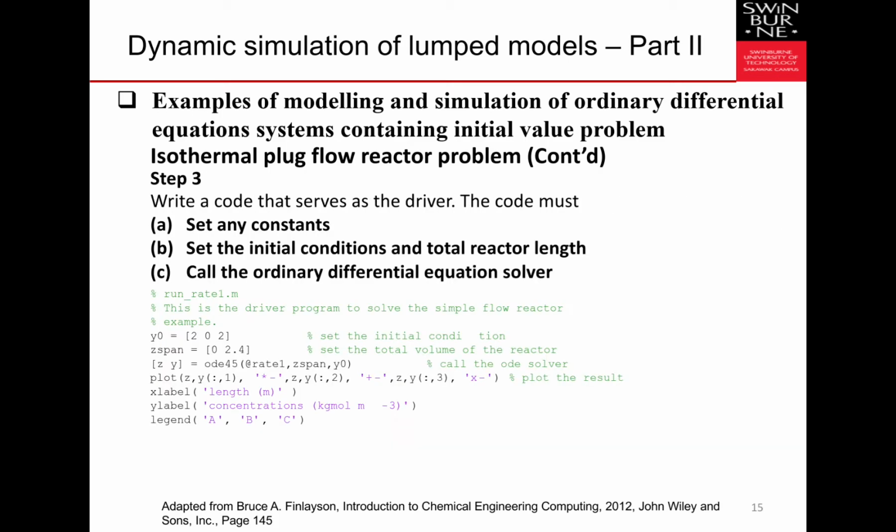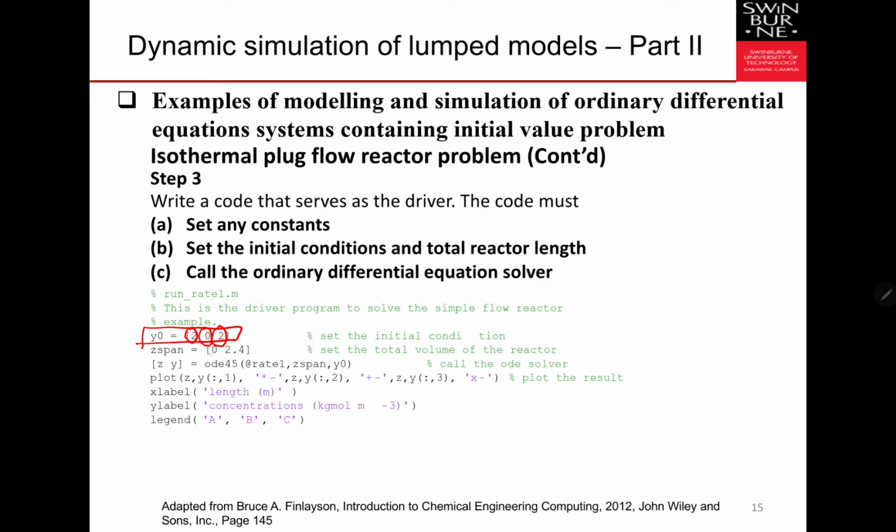The next one will be the code that runs the calculations. In here, first we specify the initial conditions. The concentration of A is equal to 2 at the inlet, the concentration of B is equal to 0, and the concentration of C is equal to 2.